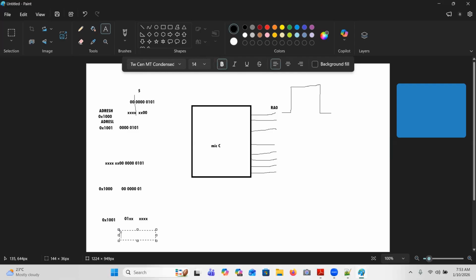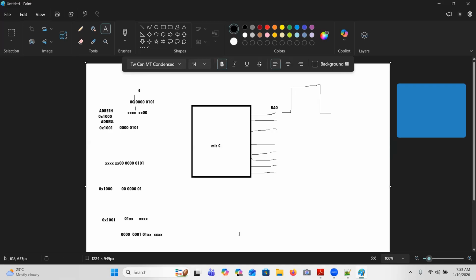So first 0 0 0 0, then 0 0 0 0, then 0 0 0 1 and 0 1 0 0. I can make this as XX and then XX XX.